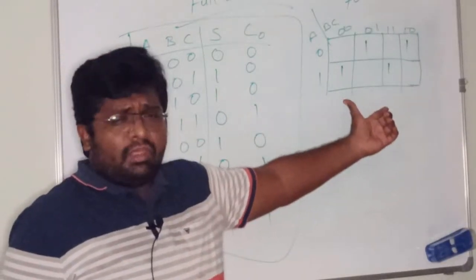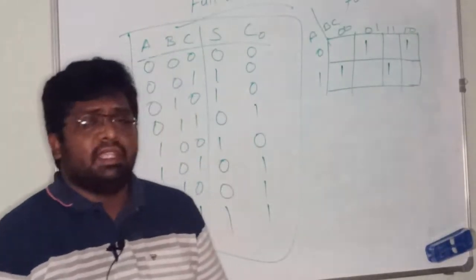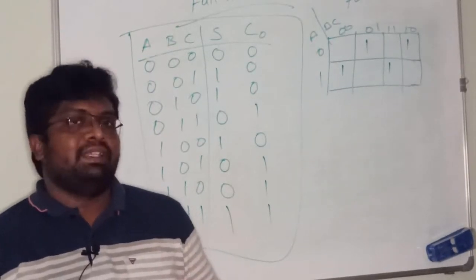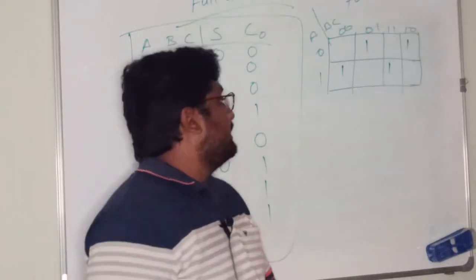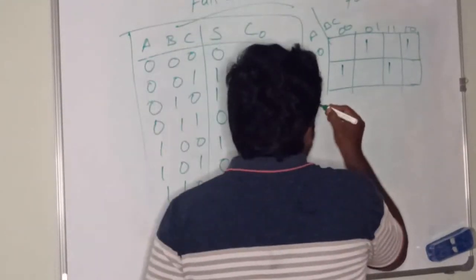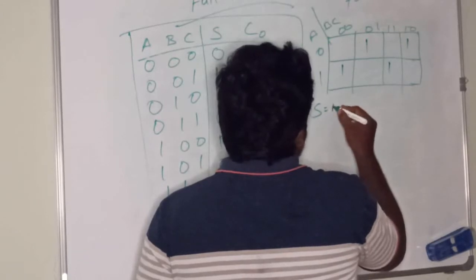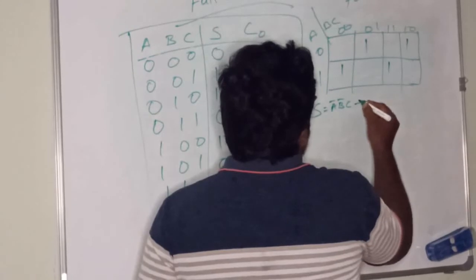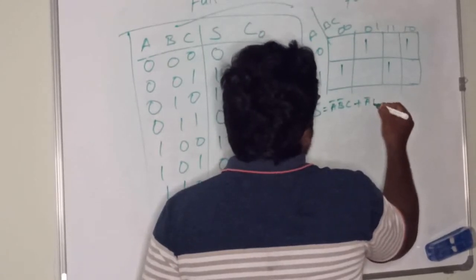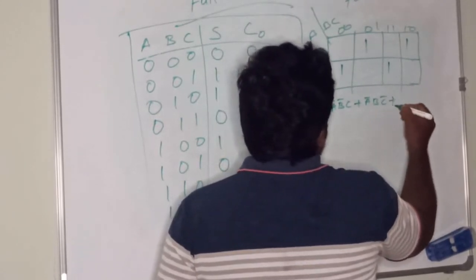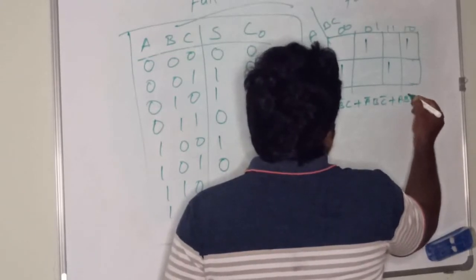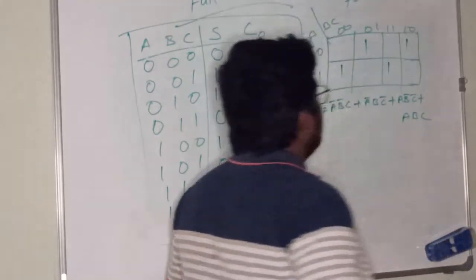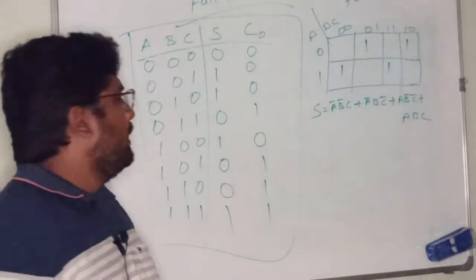So if you observe here, there is no possibility to group the minterms, right? So the sum will be like this: S is equal to A complement B complement C plus A complement B C complement plus A B complement C complement plus A B C, sum, right?